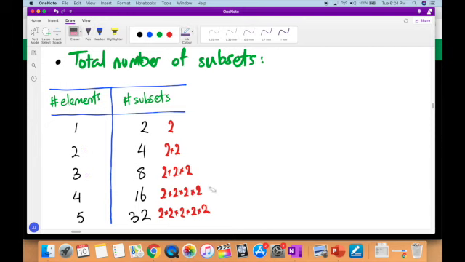So therefore, we could say that this here is 2 to the power of 1 because I have 1 element. This here is 2 to the power of 2 and I have 2 elements. This here is 2 to the power of 3 and I have 3 elements. For 4 elements, I get 2 to the power of 4, and for 5 elements, I get 2 to the power of 5. Right?